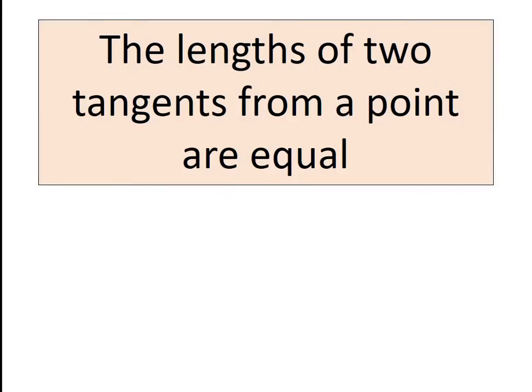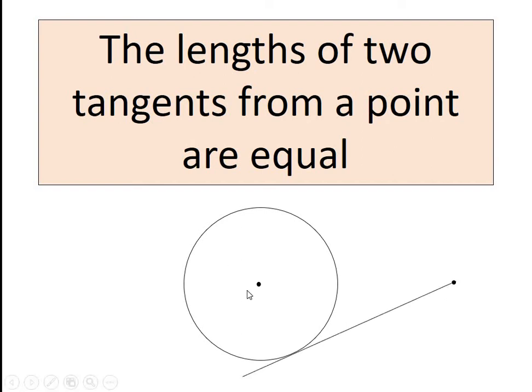Okay, our next one is the lengths of two tangents. So we just discussed what a tangent looks like. But where the two tangents meet, they will form a point, and the lengths are equal. So if we have a look here, here's the centre of the circle and we have a point outside the circle. A tangent would be skimming the edge of the circle. We can't see the radius there, but a tangent is a line that runs from the outside.